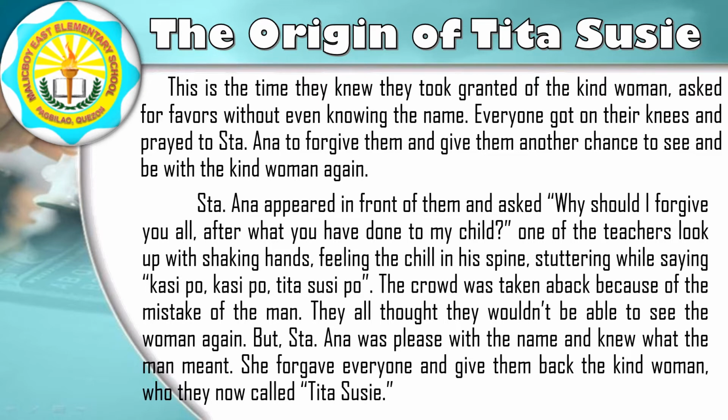At nasabi niya na, Tita Susie po, samantalang ang dapat niyang sabihin ay, si tita po na nakakakita ng susi ay nawawala. So, naputol yung kanyang salita at ang nasabi niya lang ay, Tita Susie po. So, akala ng teacher, ay hindi na nila makikita yung babaeng maganda.